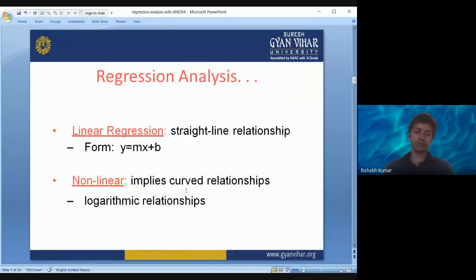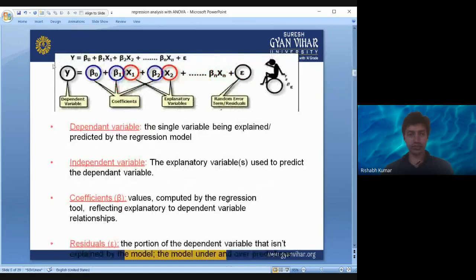So now regression analysis: there will be linear regression and non-linear regression. These are the types of regression. In linear regression you will have a straight line relationship of the form given.